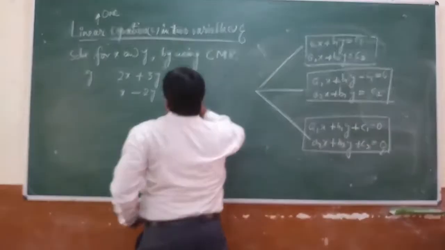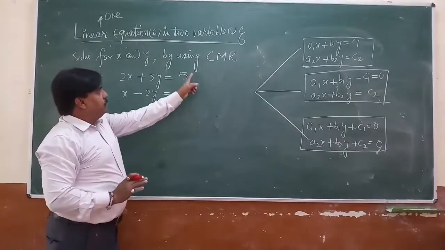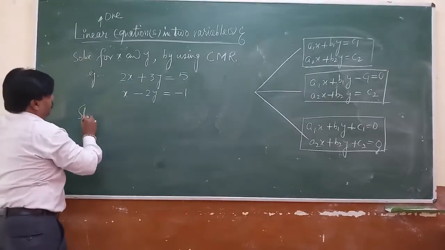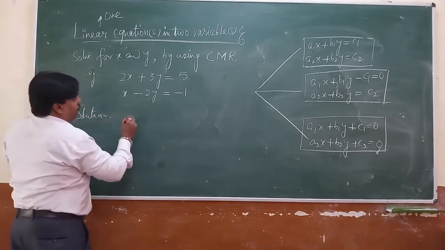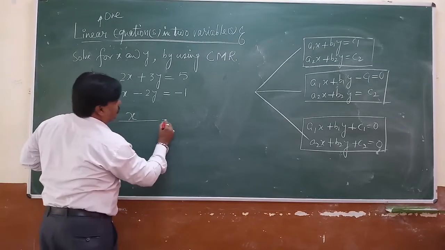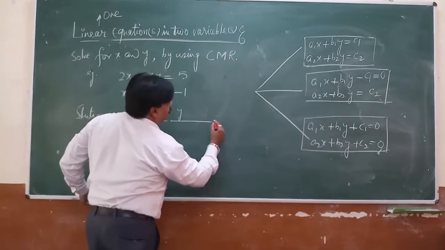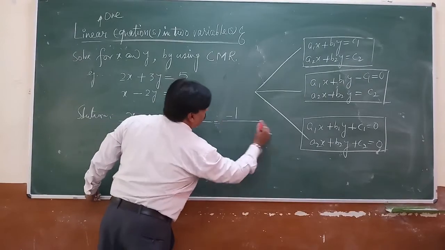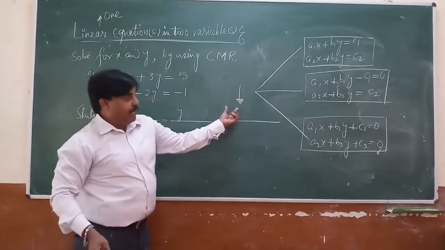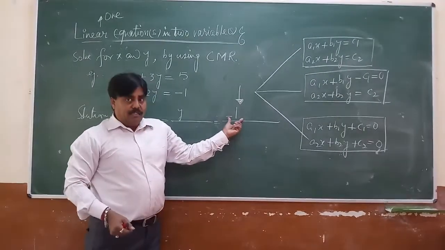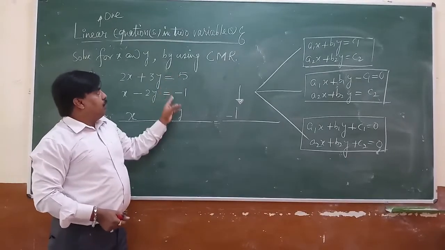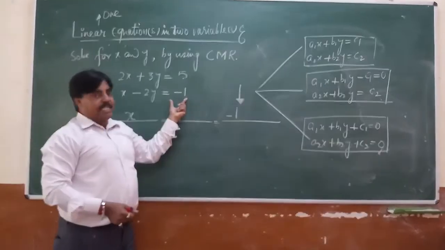Now, suppose both the constant terms are on the right hand side of the equal sign, then by using this one we will write x over y over minus 1 over. See, this is a very important point. Look here, here we are taking minus 1. We take the minus 1 here in case both the constant terms are on the right hand side.